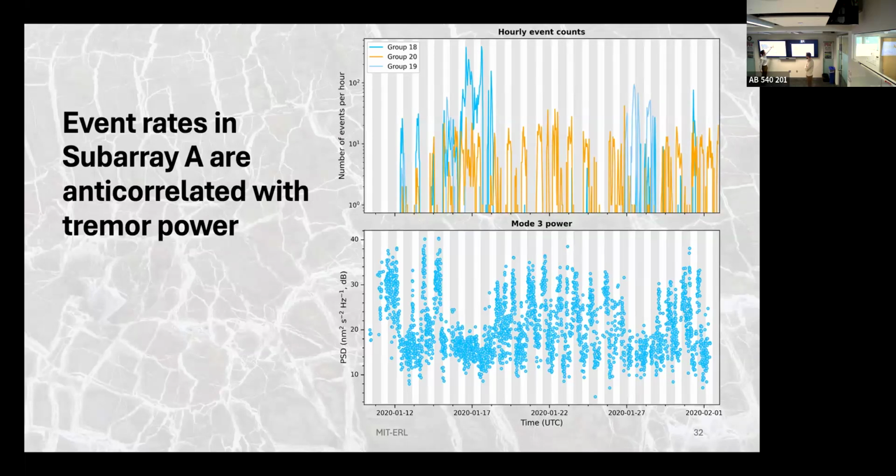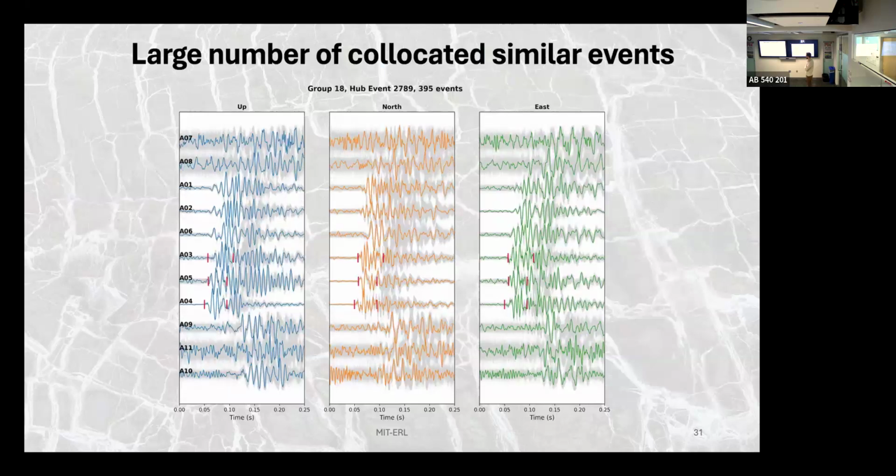We see a very clear anti-correlation between the event rates and the tremor power, suggesting that they may be physically connected. Our tentative interpretation for these small events is that they probably represent very transient degassing in the subsurface. These events are probably just a few meters deep. And since these are just gas pathways, they remain at the same location, right?